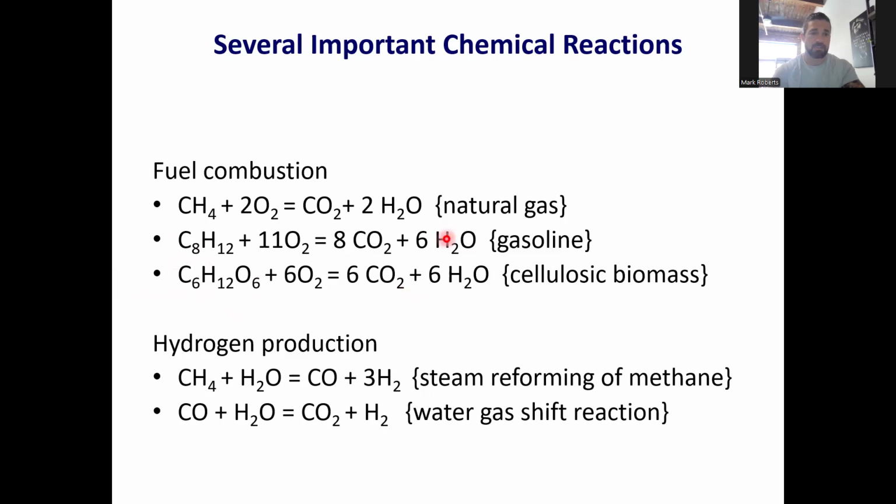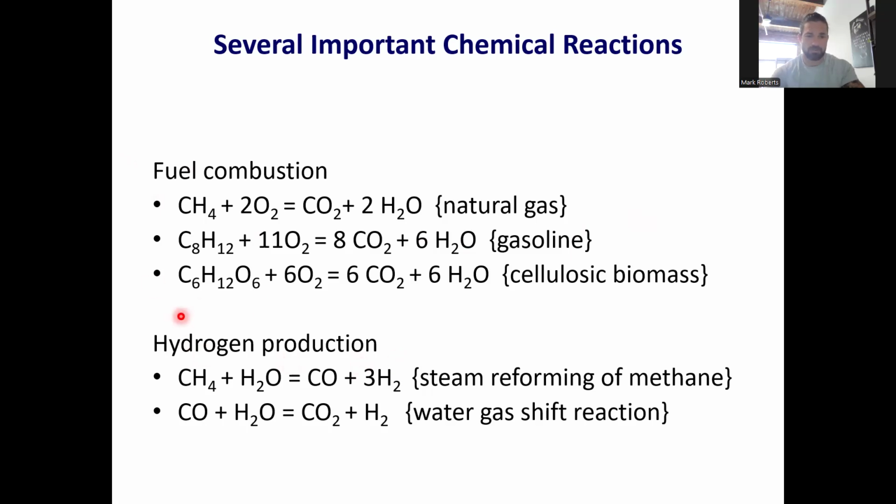But again, being able to write these reactions is important because from these reactions, we can get the heat of reaction, we can get the amount of heat that's released per mole, and then we can start thinking about how to calculate things like, how much methane do we need to burn in order to release a certain amount of heat? So we can do that through the mass balances and our energy balances.